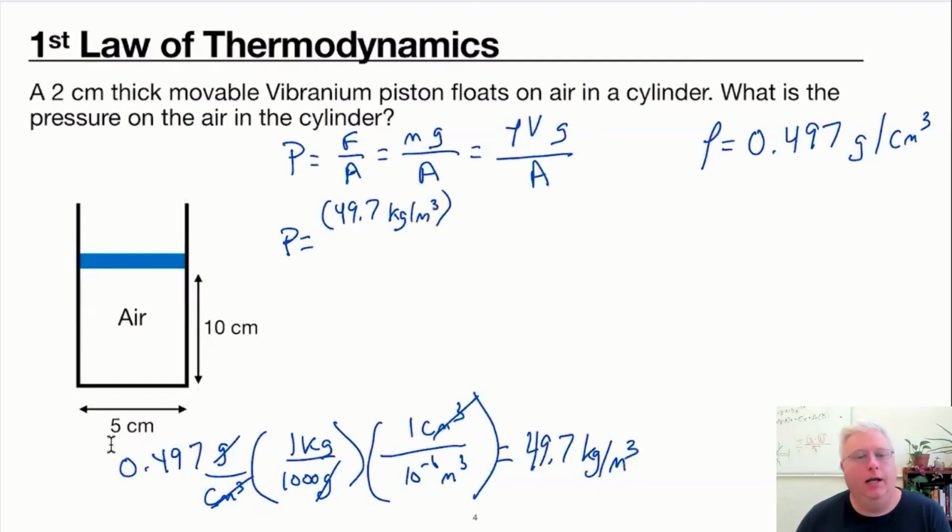Then the volume is going to be the area times the height. The area is pi r squared, and I see here that it's a 5 centimeter diameter, so the radius is 2.5 centimeters, or 0.025 meters.